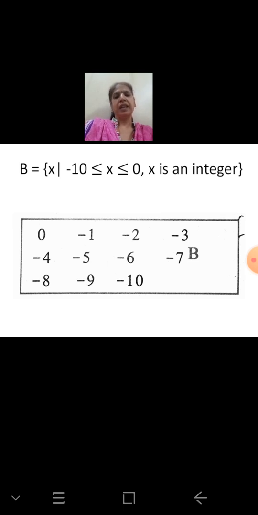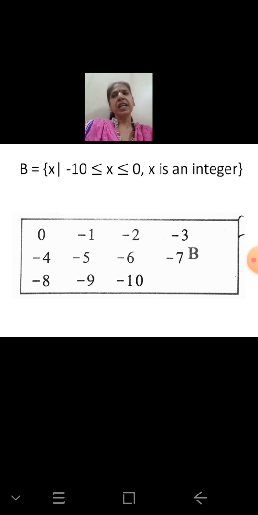Now x is greater than or equal to -10 and less than or equal to 0, so 0, -1, -2, -3, -4, -5, -6, -7, -8, -9, -10. So this is shown by using a Venn diagram. The first one was the listing method we have shown. Here it is set builder form.